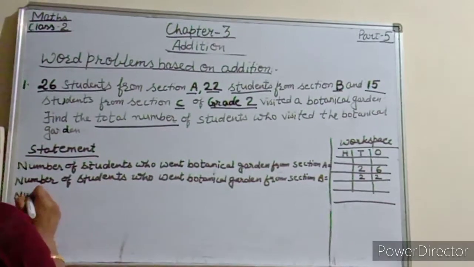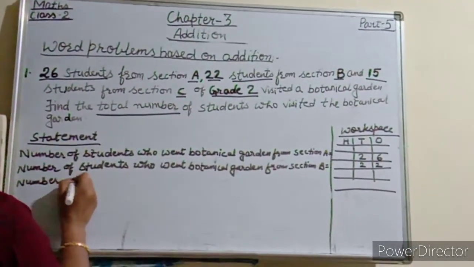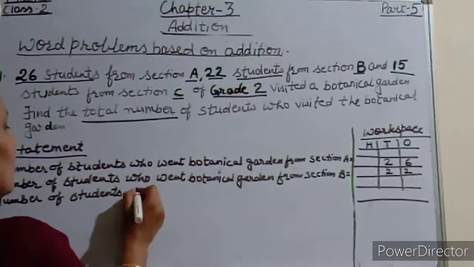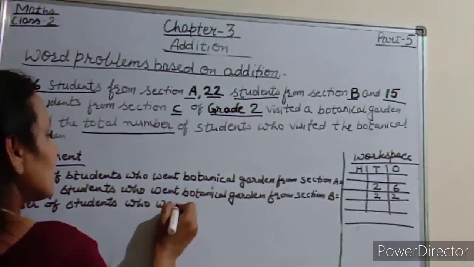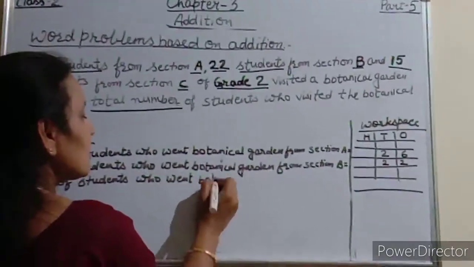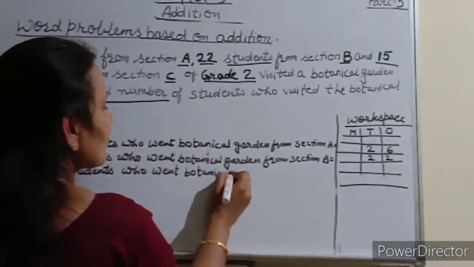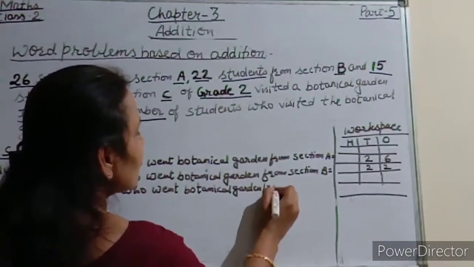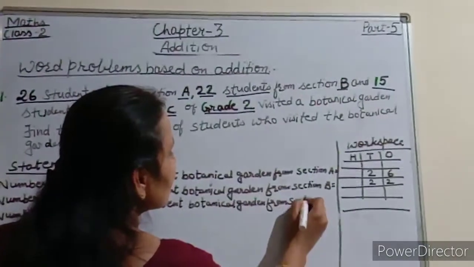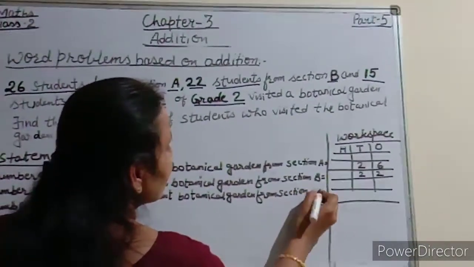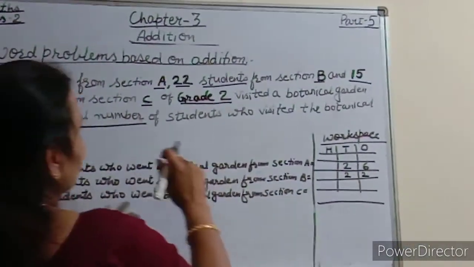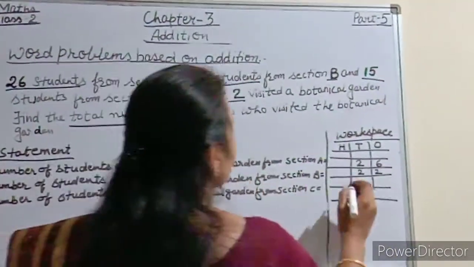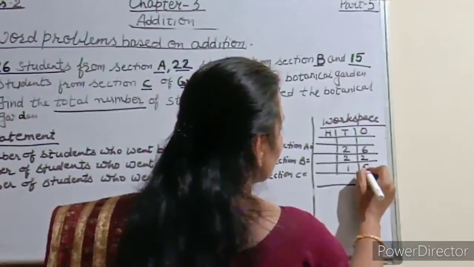Again write number of students who went to the botanical garden from section C is equals to 15 students from section C. So here we will write 15.